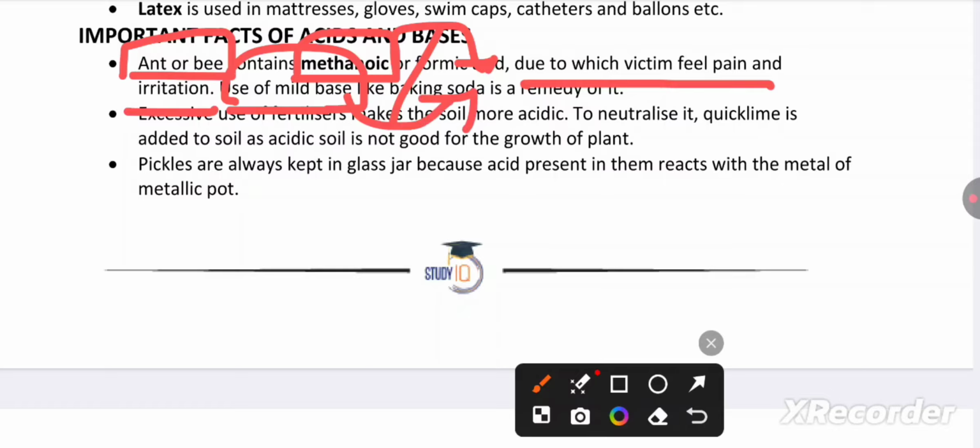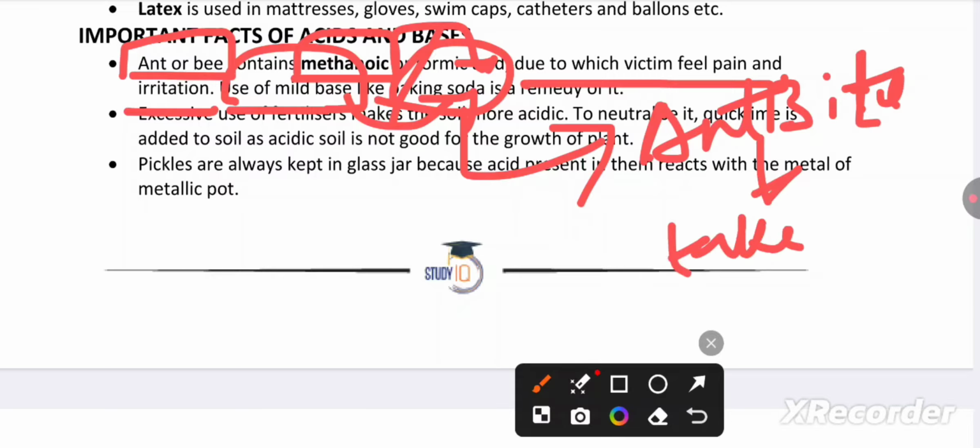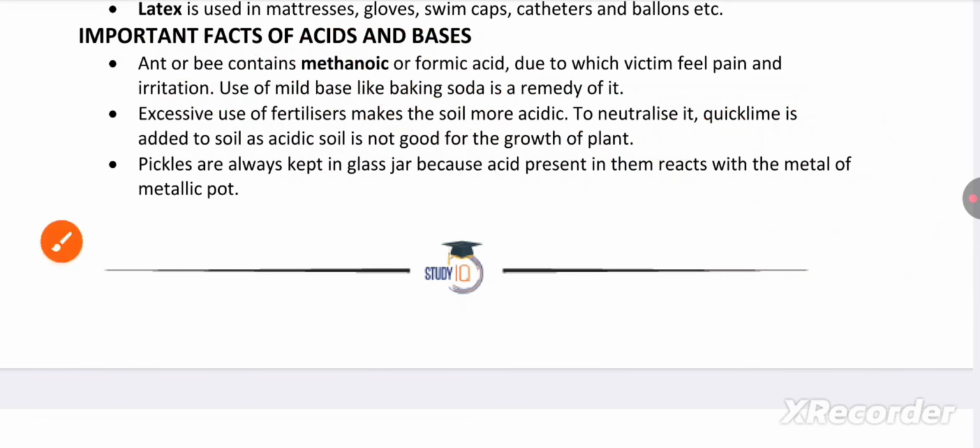This is nothing but real life: when an ant bites, irritation happens, and at that time we can use a base, baking soda. Ant bite. We can take our bag, baking soda. This is just a memory trick.